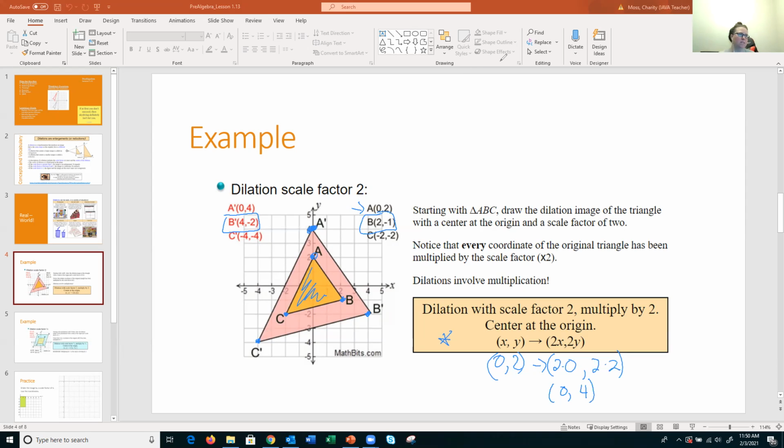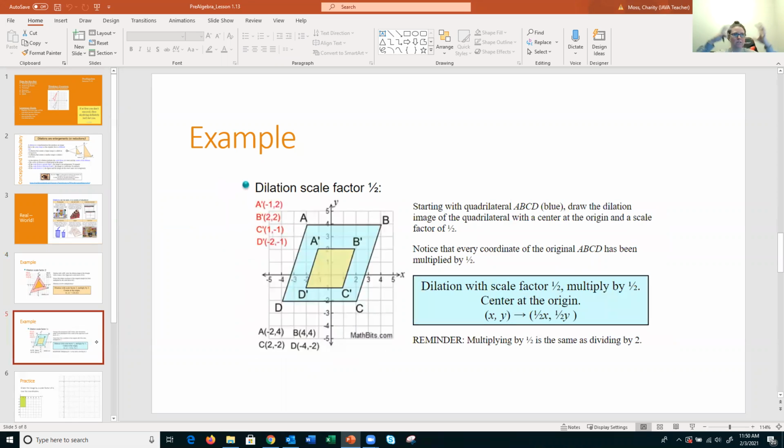All right, let's go ahead and go to our next one. Our next one is a dilation, but instead of getting bigger, it's getting smaller. These are actually called pre-image and image. The image is the new one. The pre-image is the old one, the original.